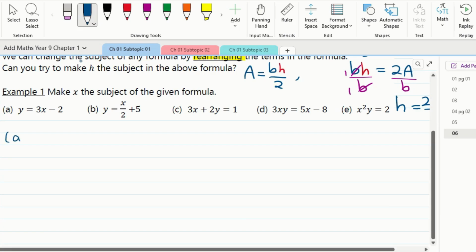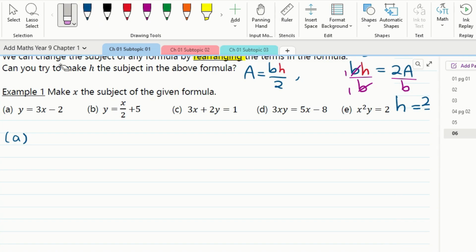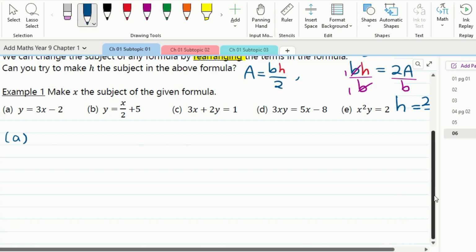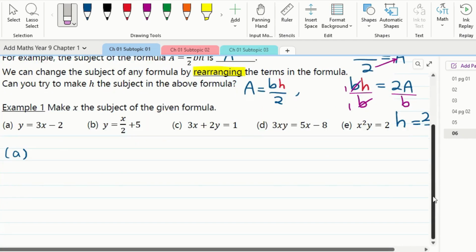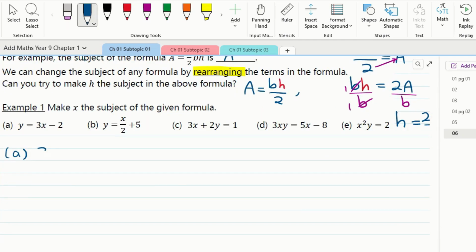For A, you are given y equals 3x minus 2. Like I said just now, in the very first step, you have to swap the position of the terms. So I will write down 3x minus 2, from the right side, moved to the left side, and y will be moved to the right side.